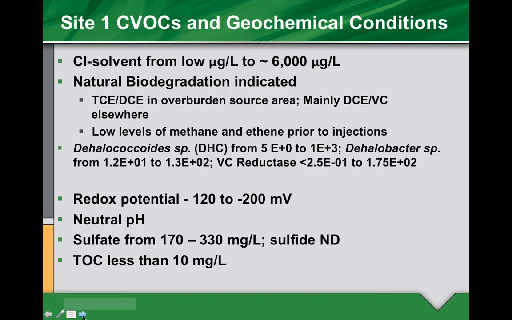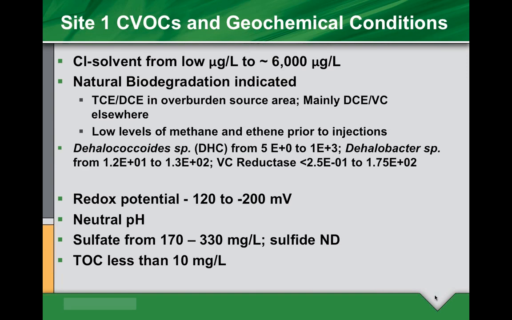Our microbial testing before we began the bioremediation program indicated that we already did have the presence of suitable microorganisms. We had Dehalococcoides and Dehalobacter, although the levels were on the low side and not optimal for bioremediation. We also tested for several degrading enzymes.